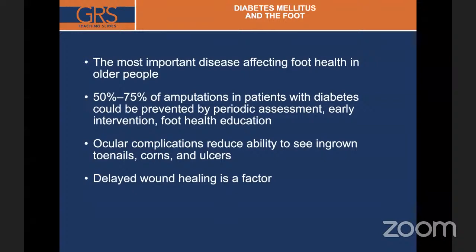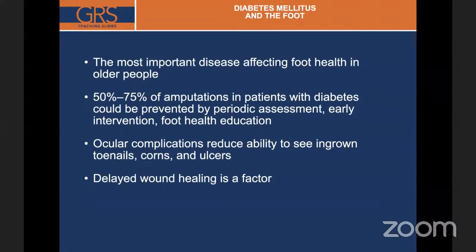Okay, I'm going to discuss systemic diseases that lead to foot disorders. I'm going to start with diabetes mellitus. The most important disease that affects foot health in older people is diabetes.